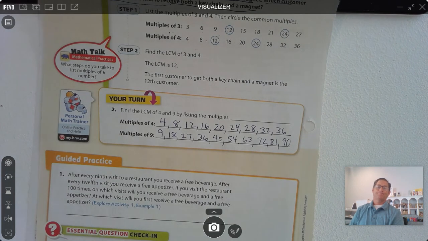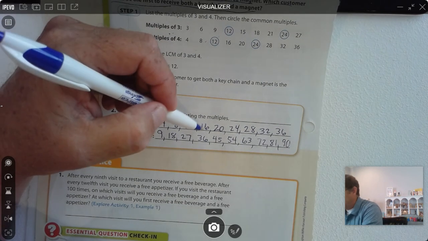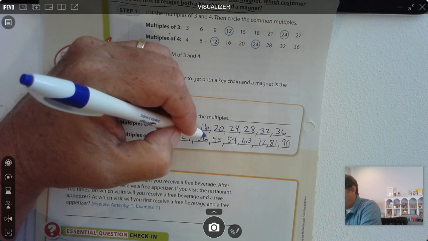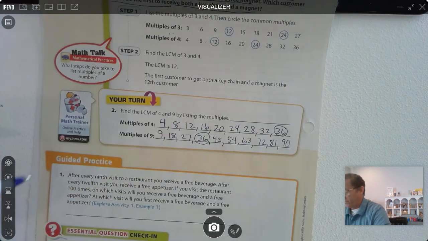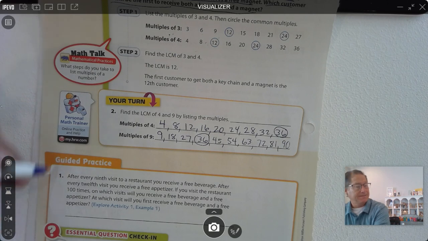Okay. All right, so what's in common to both these numbers? 36 is in common to both. And that's it, right? So 36.